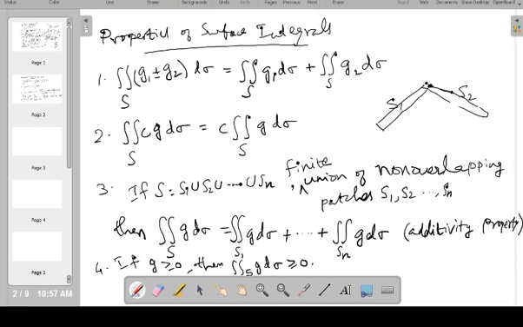So the integral over S1 union S2, that means over this whole roof S, is the integral over S1 plus the integral over S2. And the fourth property says, if g is greater than or equal to 0, then the surface integral of g over S is also greater than or equal to 0.